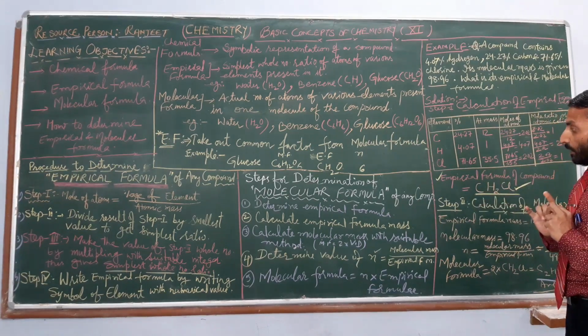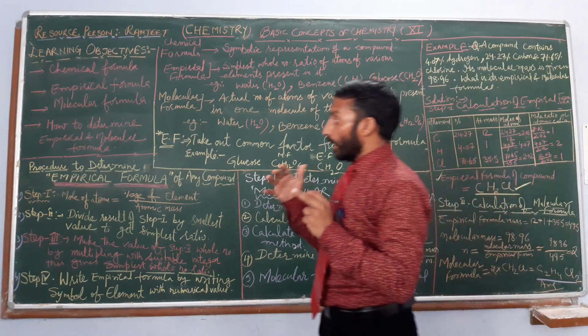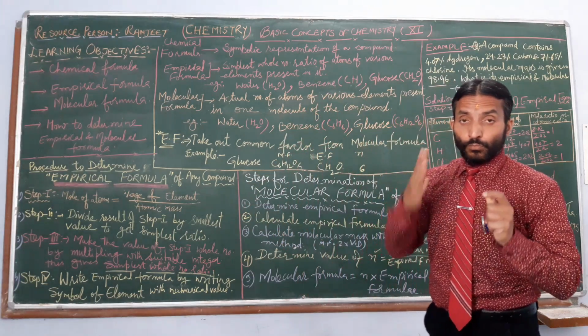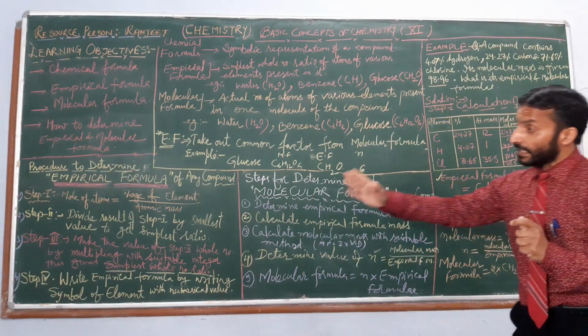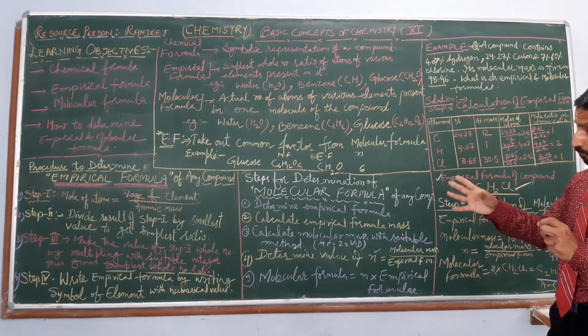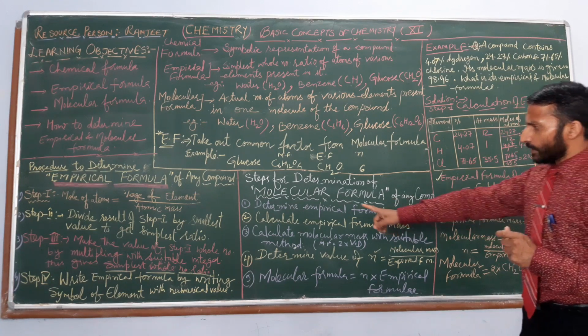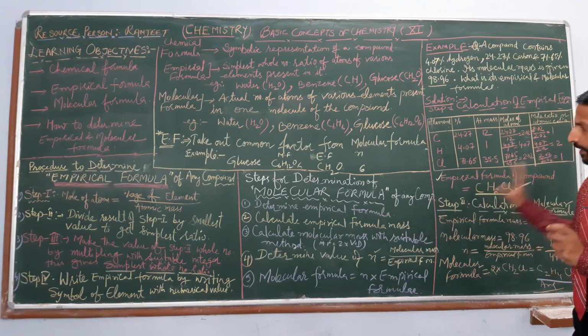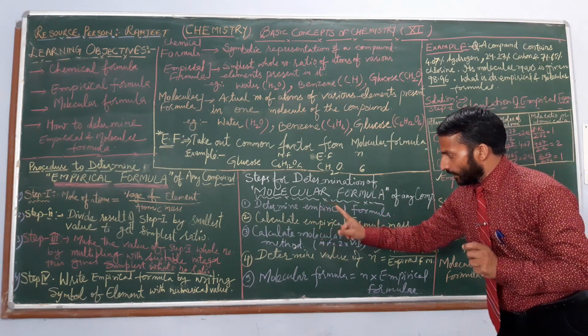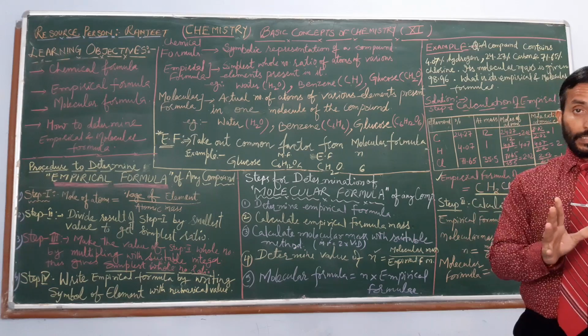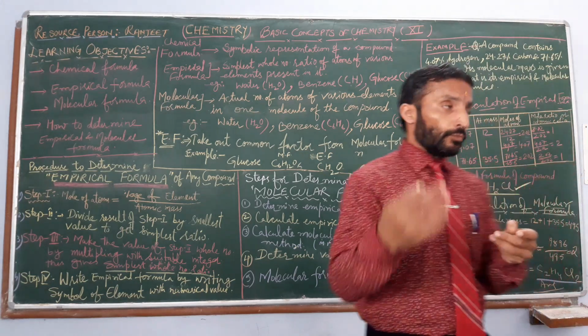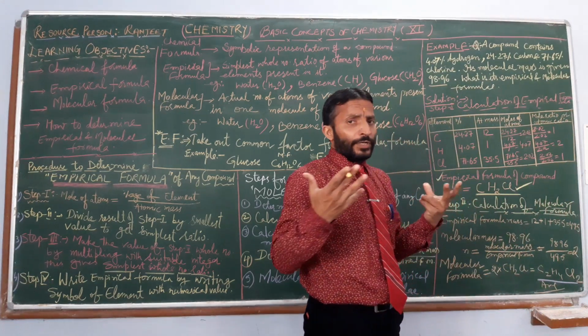We got the empirical formula. Now if it is asked how to calculate the molecular formula, we have to repeat similar steps. For the molecular formula, we have to calculate the actual number of atoms. The first step is to determine the empirical formula, which we have done. Then calculate the empirical formula mass, just like calculating molar mass.